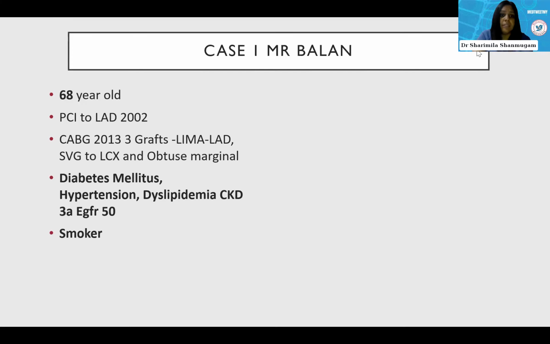So diabetes mellitus, hypertension, dyslipidemia, chronic kidney disease. EGFR, okay, 50, and he's a smoker. Subsequently, 7 years after, he had a graft study. Graft study also, all 3 grafts were patent, so he was all right. Ejection fraction also was about 53%.